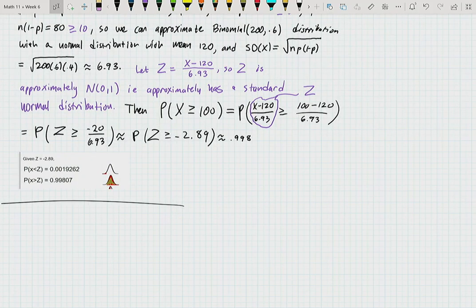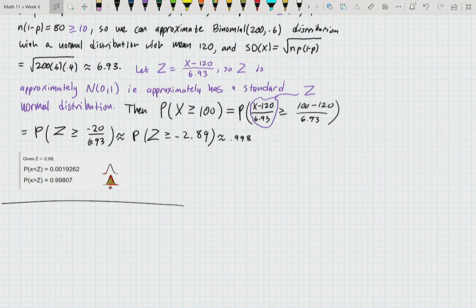It's good to know how to do it with the standard because you may not always have a computer or a calculator at hand, in which case you might have to rely on a table. And they're not going to give you tables. If they're going to give you a table, it's only going to be for the standard normal. So you should know how to do that. Plus, we'll make reference to that type of calculation multiple times in this course, including in today's lecture.